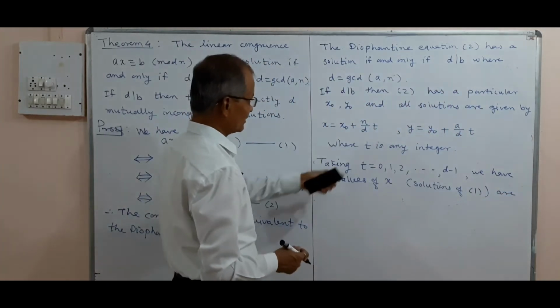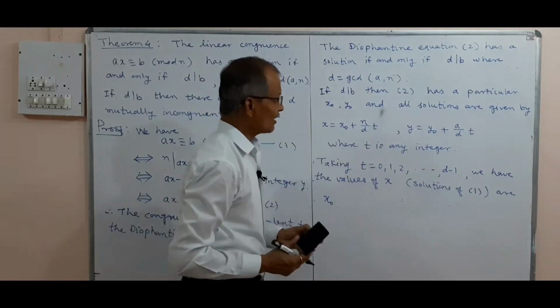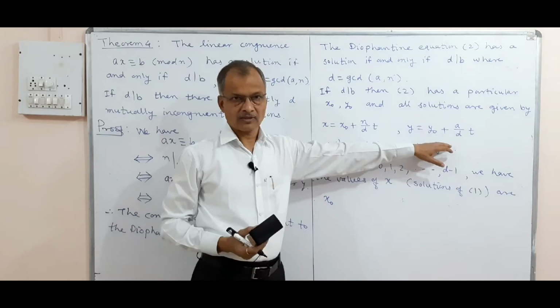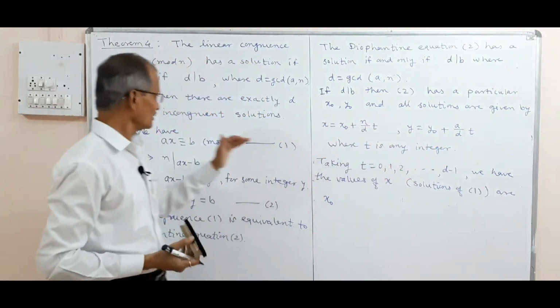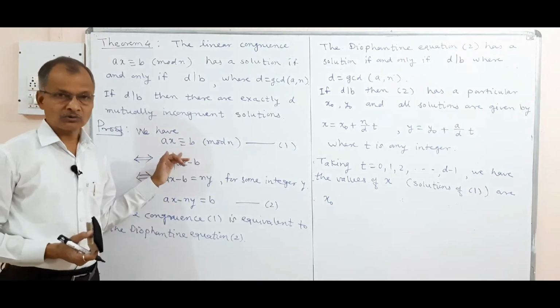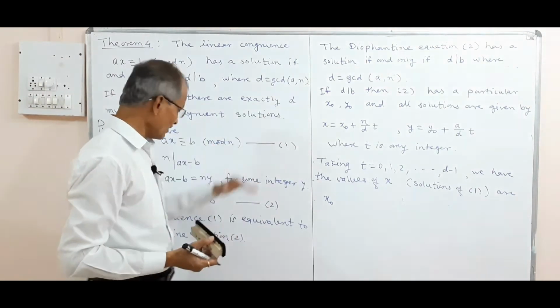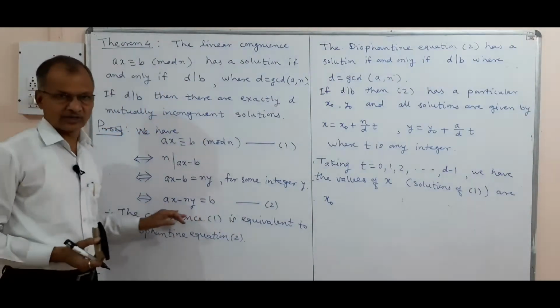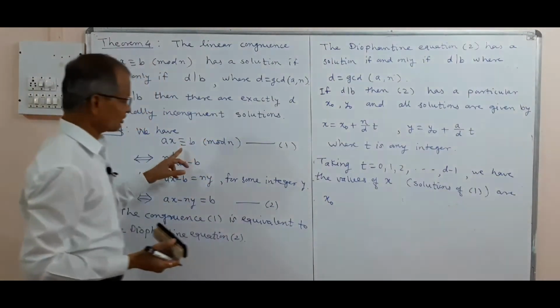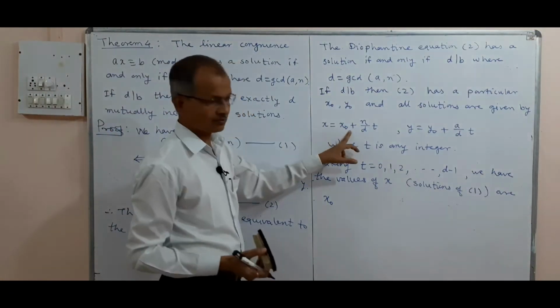Now put T equal to 0, we get X naught, and you see we don't consider Y. Y is not there in the linear congruence, only we require the X value. Solution of this means the value of X which satisfies 1. So if it is a Diophantine equation, we require both values X and Y. But to get the solution of congruence 1, we require only X, and therefore we are considering only this part.